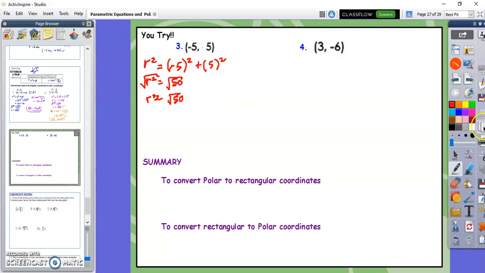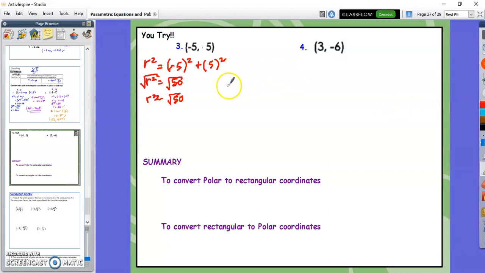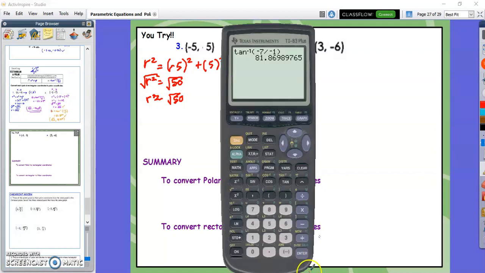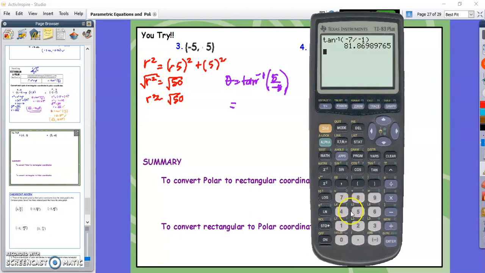And then my theta will be equal to arctan of 5 over negative 5. Okay, my pen is acting out. So arctan, you can also do negative 1 only.